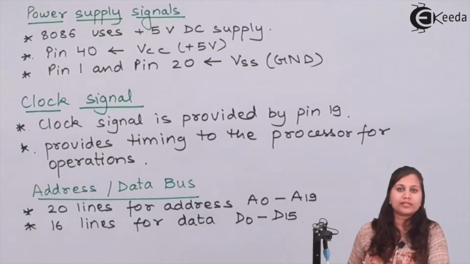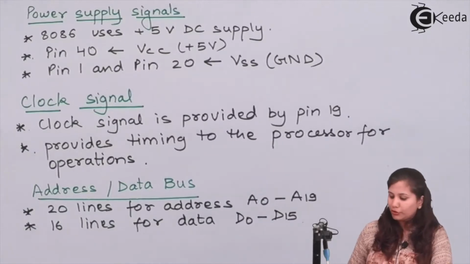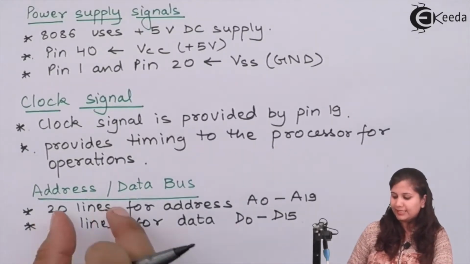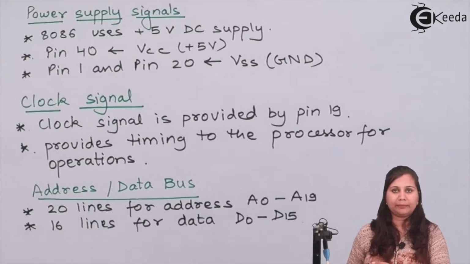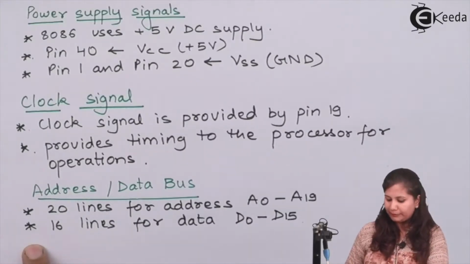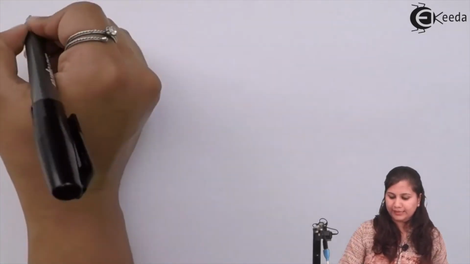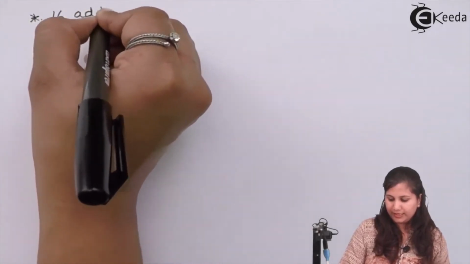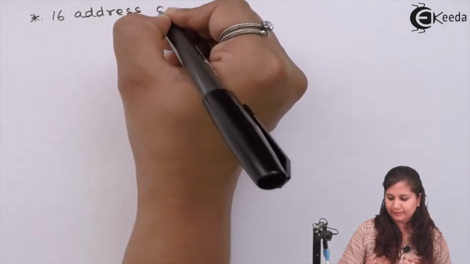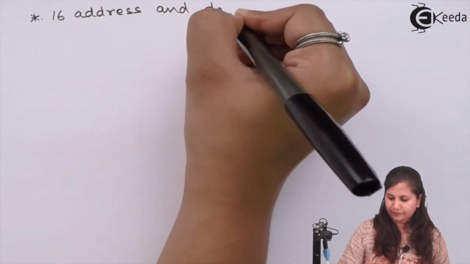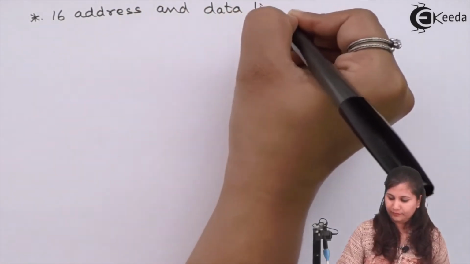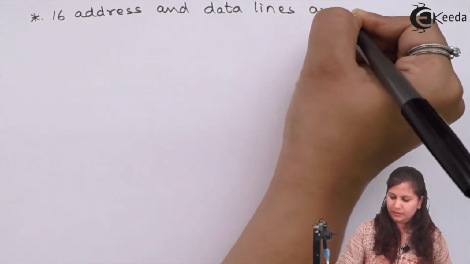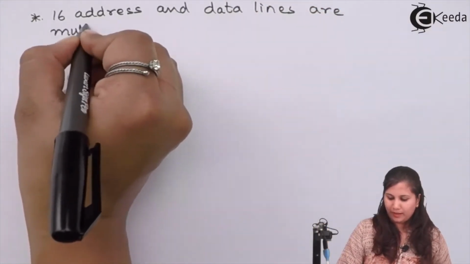Now these address and the data bus lines are multiplexed with each other. So 16 data lines and 16 address lines will be multiplexed. So when they are multiplexed, they are collectively known as the 16 address and data lines are multiplexed.